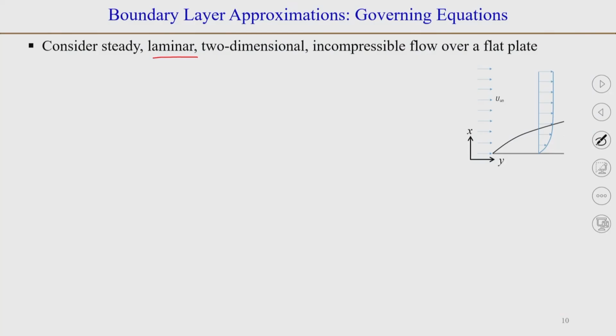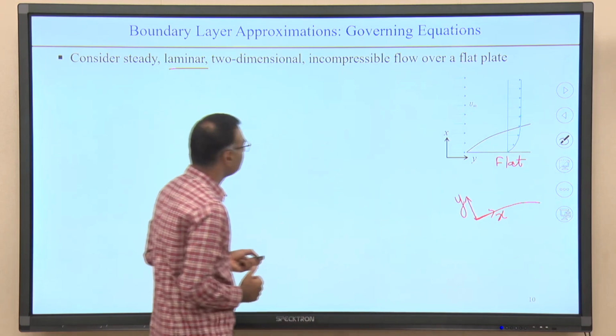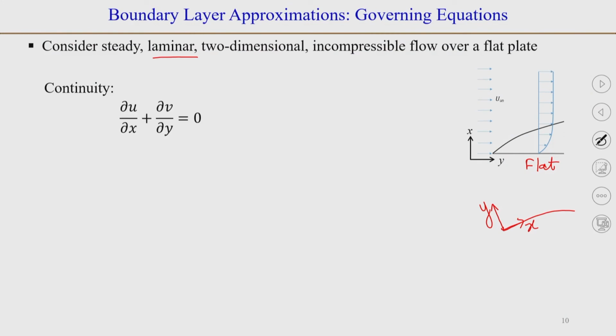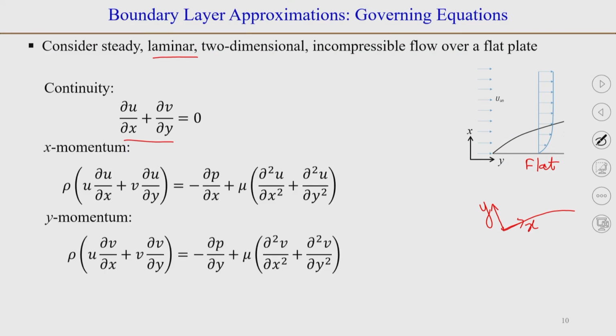However, the plate we have considered flat here may well be a slightly curved plate, and in that case our coordinate system will be that the x coordinate is along it and the y coordinate is normal to it, and these equations will be valid as long as the radius of curvature of this curved plate is significantly higher than delta, which is the boundary layer thickness. So, we can write down the usual continuity equation, which for an incompressible flow is del dot v equal to 0, and the x momentum and y momentum equations.